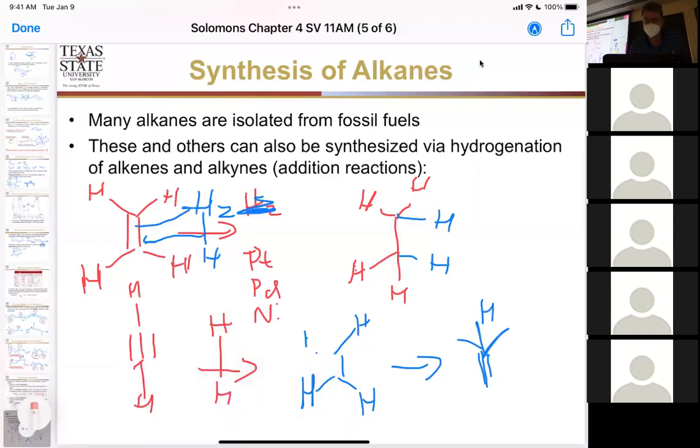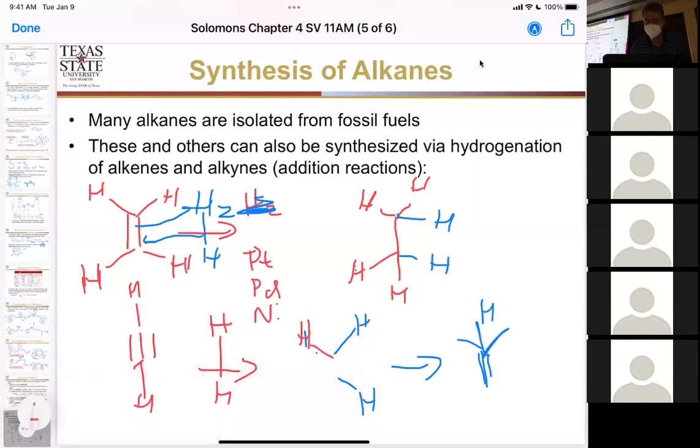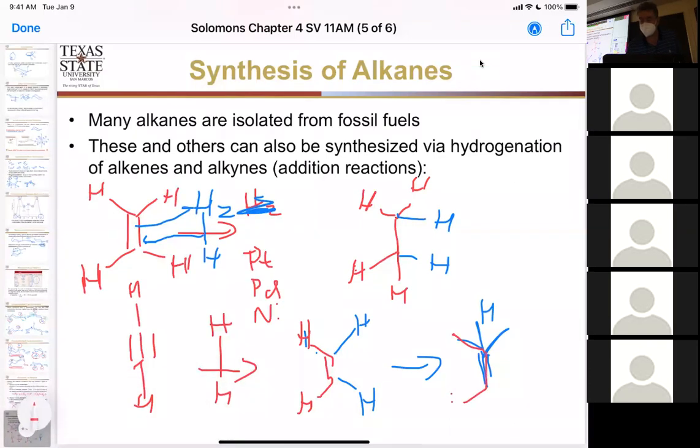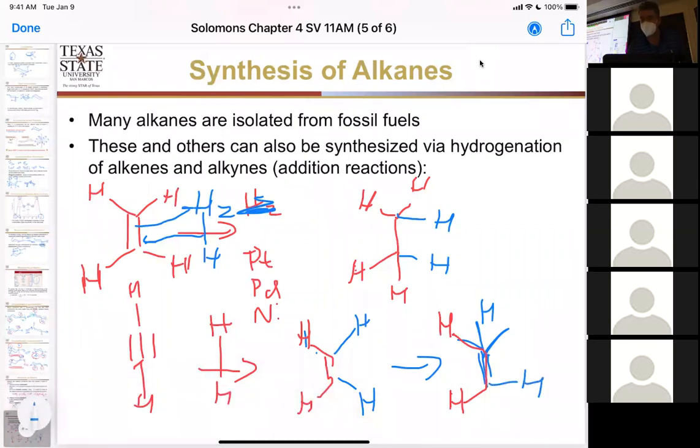Sorry, I need to draw these in red. Hydrogen, double bond. The first equivalent is going to add across the double bond, and then the second equivalent adds across the double bond to give us our 4 added hydrogens across that triple bond. So the first double bond goes, and then the second double bond.